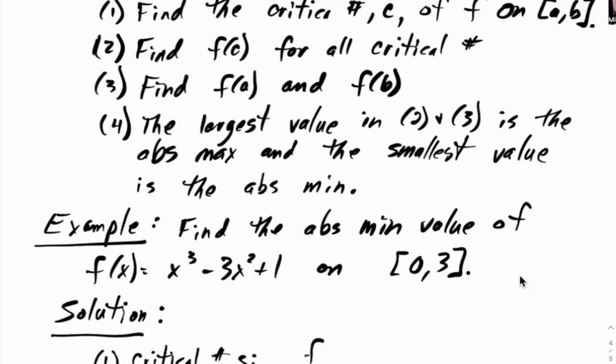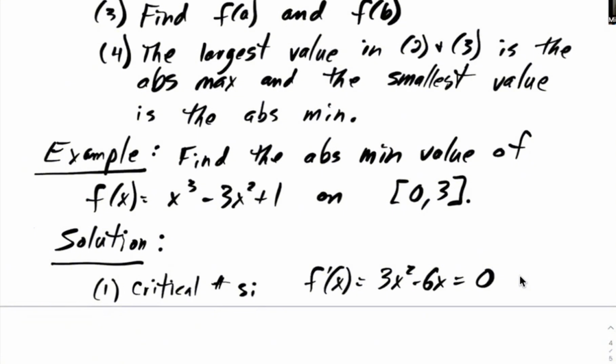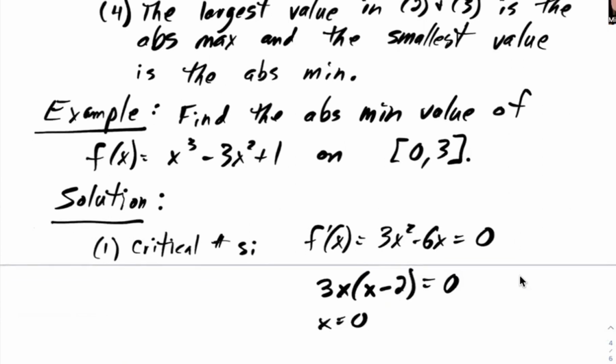So I take the derivative of f, which is 3x squared minus 6x, and set that equal to 0. I factor out a 3 and an x, leaving 3x times parentheses x minus 2 equals 0. So x equals 0 or 2, and these are the critical numbers.